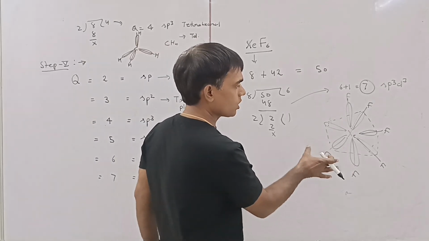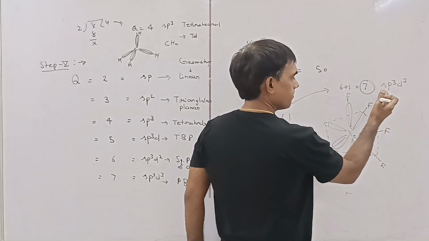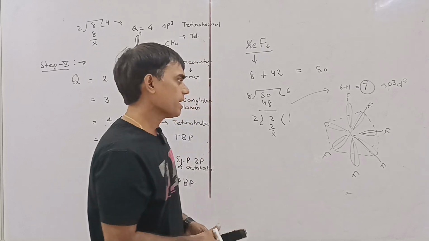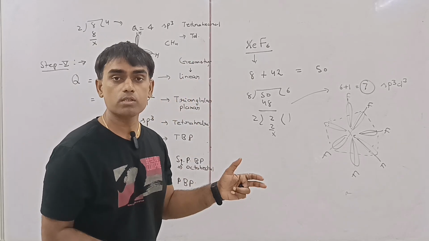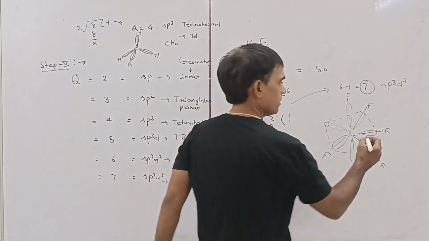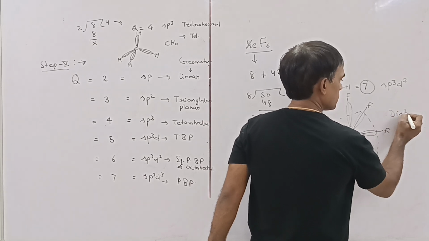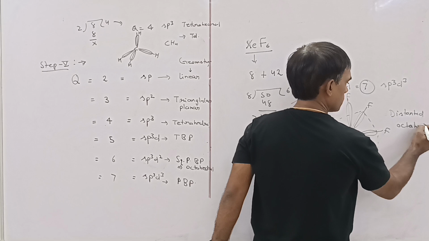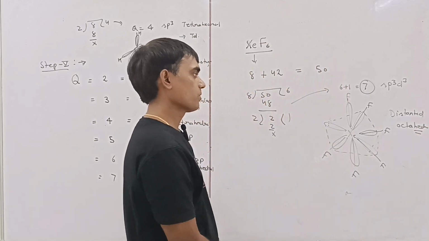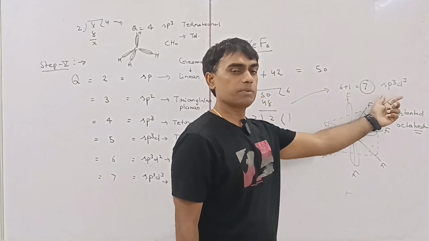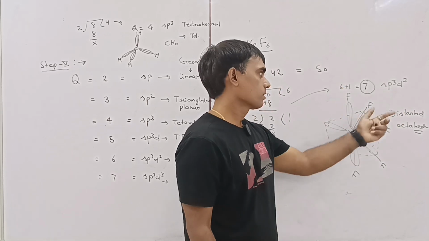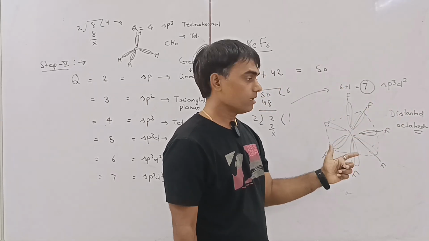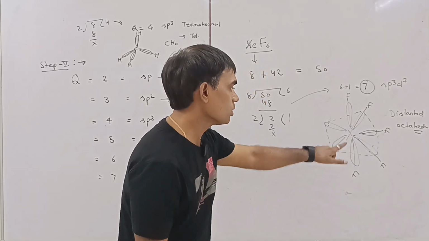So the shape is not exactly pentagonal bipyramidal, neither is it octahedral. The shape is distorted octahedral. The hybridization is sp3d3, it is confirmed, and the geometry is pentagonal bipyramidal, but the shape is distorted octahedral because of the lone pair.